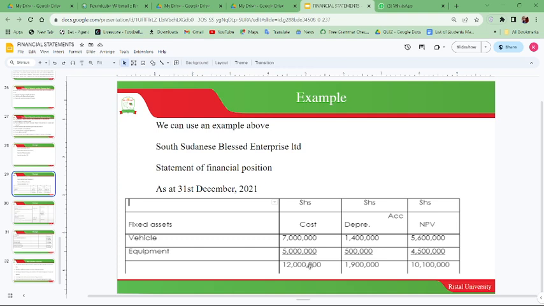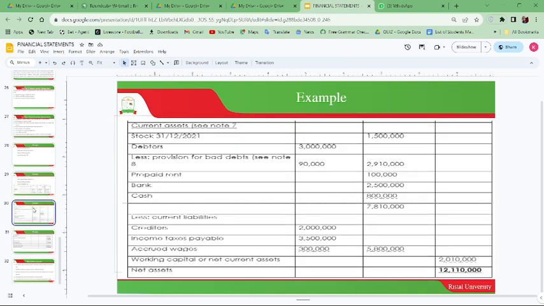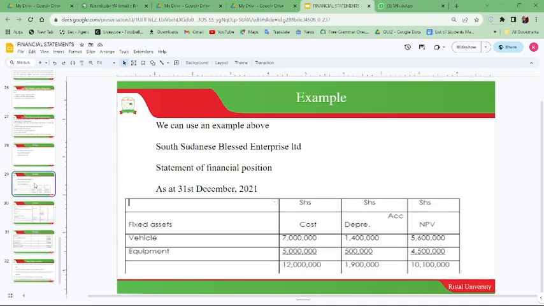The total for the cost is this, but we are interested in the total for net book value. So we are done. Then we get current assets. Current assets don't have that formula. This formula is only for fixed assets.